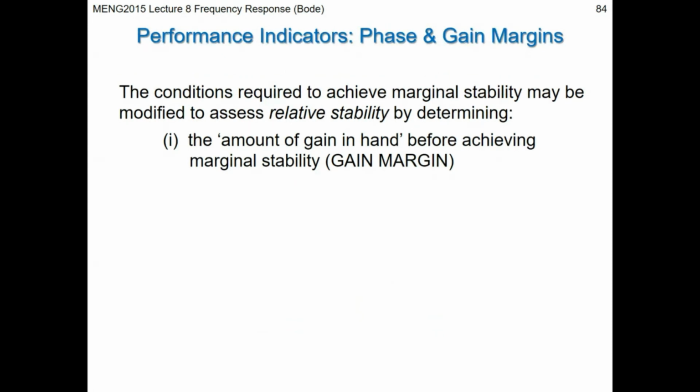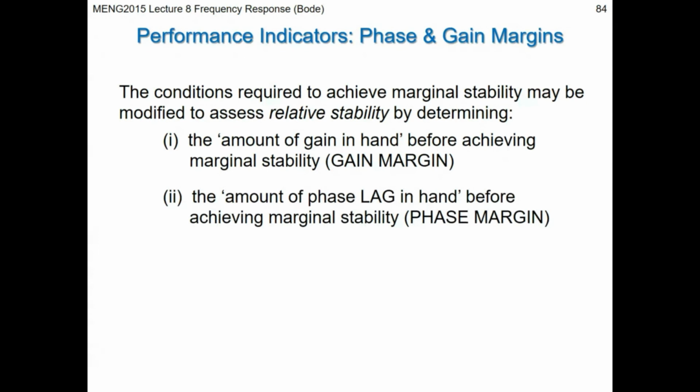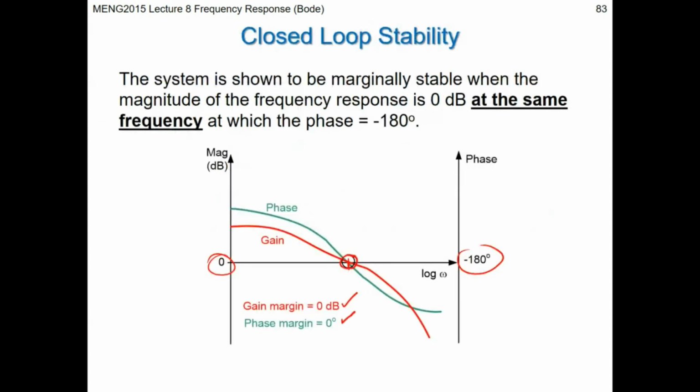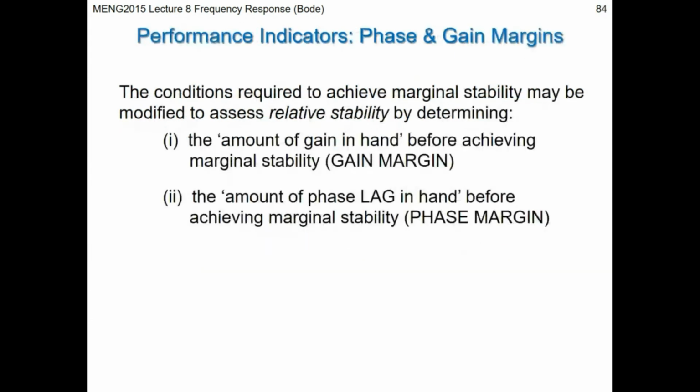But we could have a condition whereby we could add a certain amount of gain to the system before it becomes marginally stable. The amount of gain we could add before achieving marginal stability is called the gain margin. But we could also, instead of moving the red gain line on this plot up and down, move the green phase line up and down, and we do that by adding or subtracting phase lag.